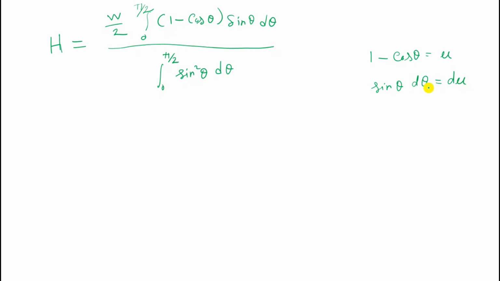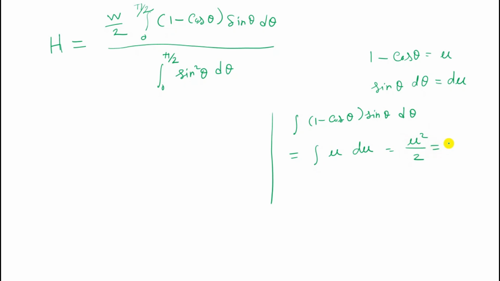So the integration of 1 minus cos theta into sin theta d theta will be integration u du, that is u square by 2.